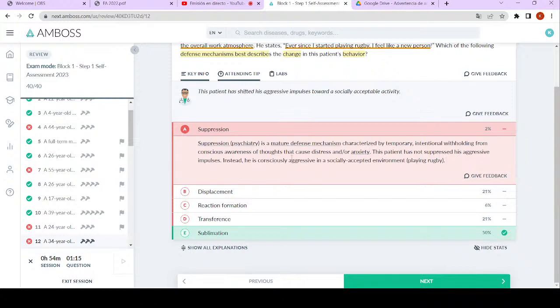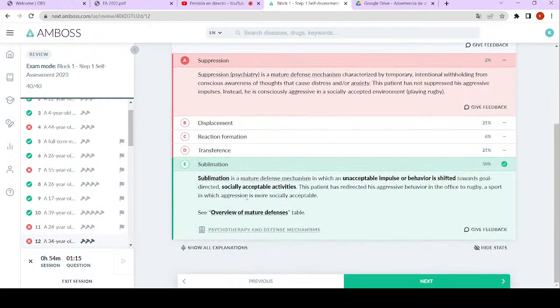So yeah, both are mature ways to react. Suppression and sublimation are mature defense mechanisms. Sublimation is a mature defense mechanism in which an unacceptable impulse or behavior is shifted to socially acceptable activities.